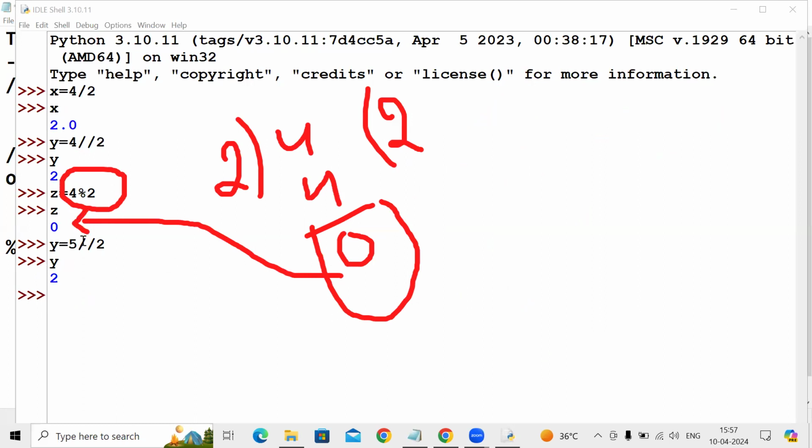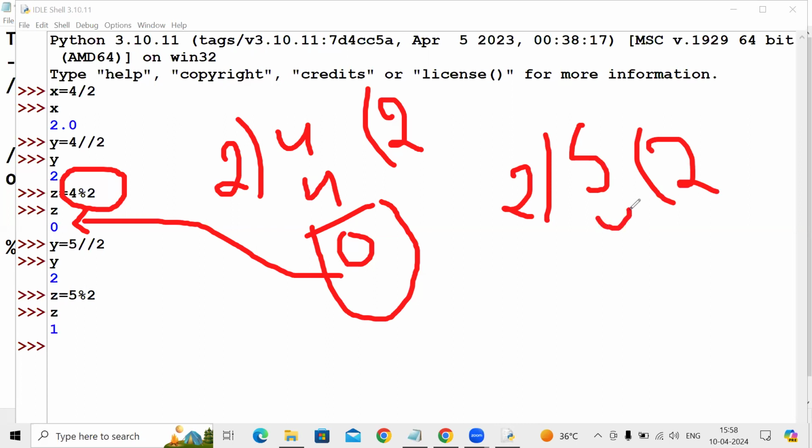I will show you one more example with 5. Suppose z equal to 5 modular division by 2, and now I am printing z. See, here it gave 1. I am dividing 5 by 2, 2 times 4 is 4, and we got the remainder as 1, guys.